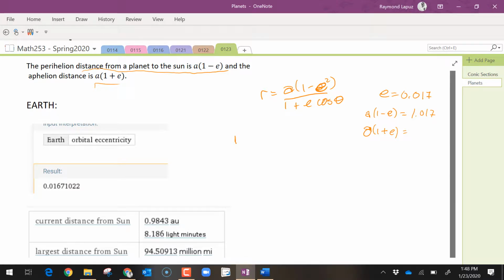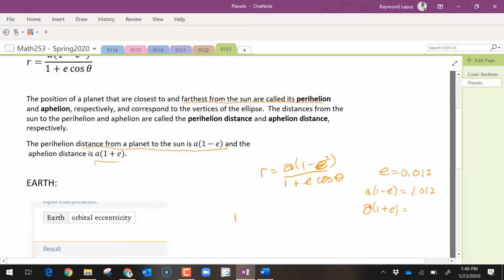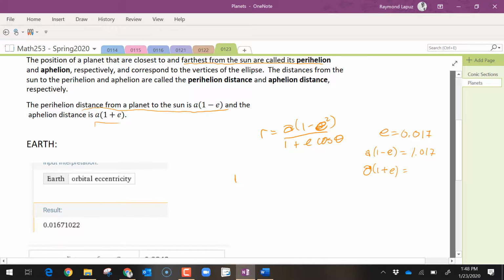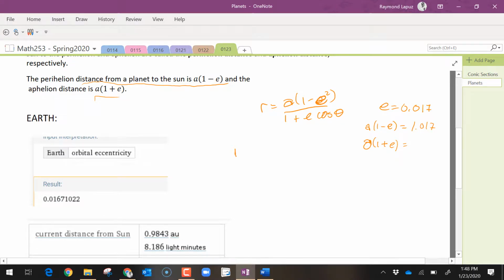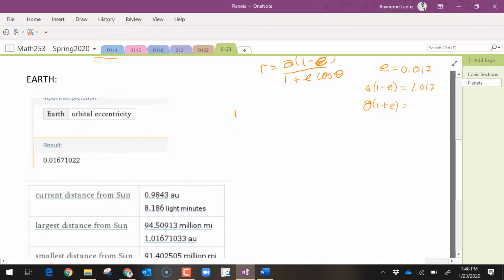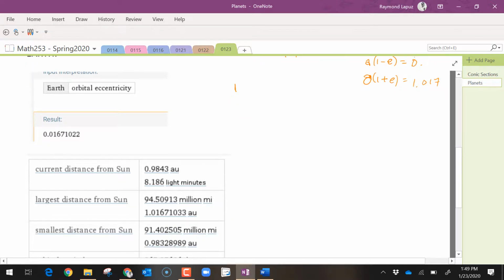Well, I don't know what A is at this point. Oh, perihelion is the shorter distance? Oh, so this is backwards? All right, so I think that might be true. So 1.017 here, and then the other one is the smaller one, 0.983.